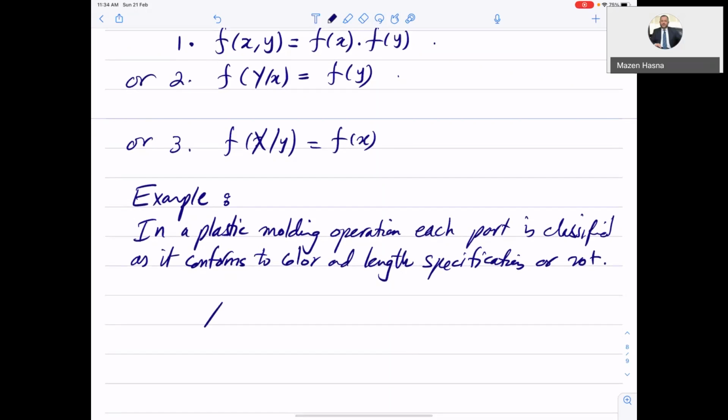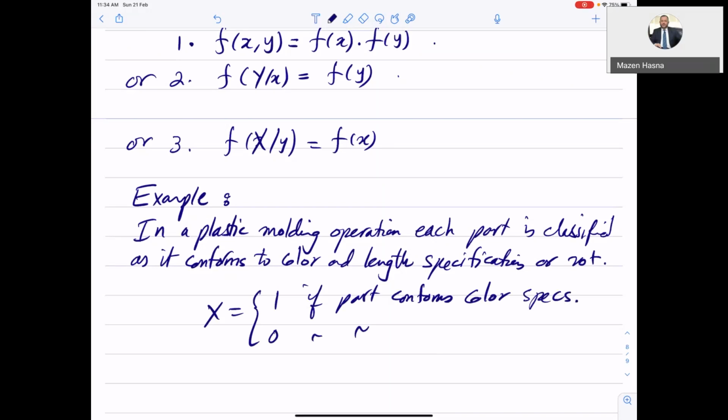So we have random variable x. We say x is 1 if the part conforms, so it matches the color spec, and 0 if the part does not conform.